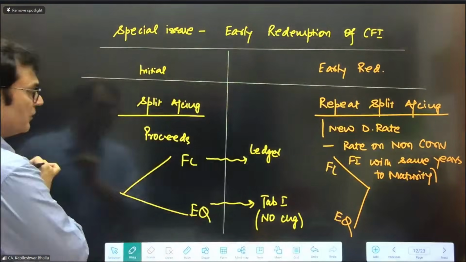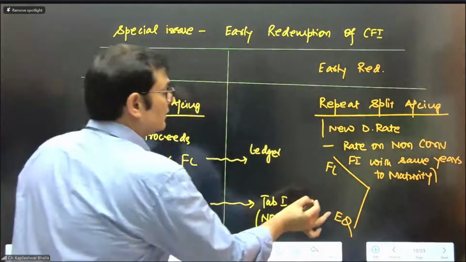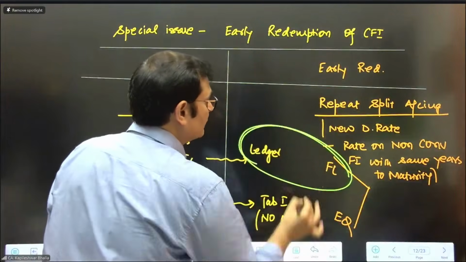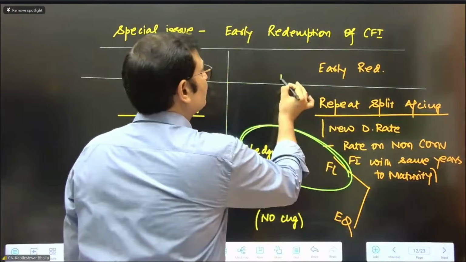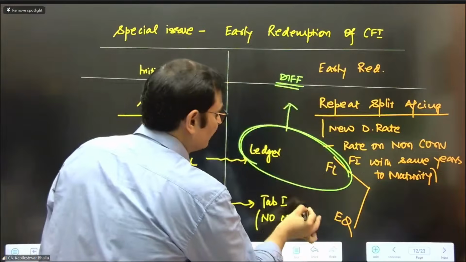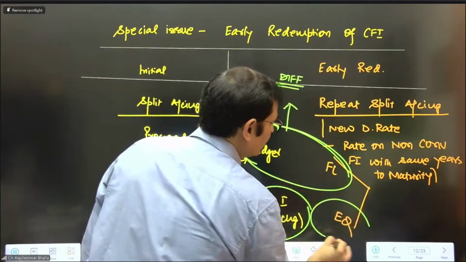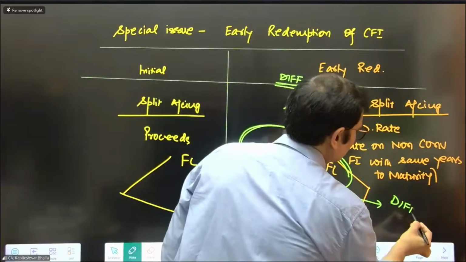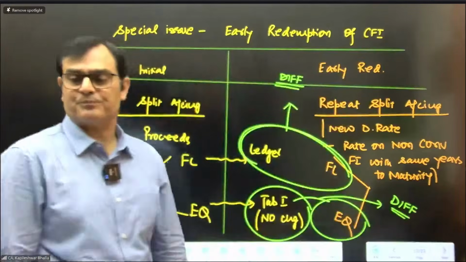Now the quick question goes to you. You will compare the book value of the liability and this new liability, and you will get a difference. You will compare the value in tab 1 and this value, and you will again get a difference. So the question is, where will we take this difference?